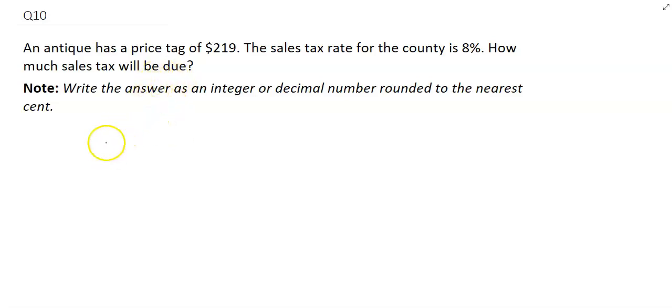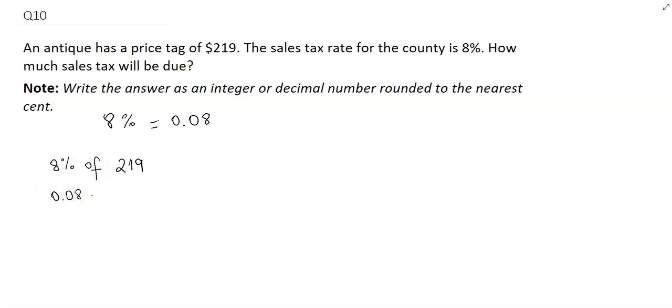So how do you represent 8% mathematically? It's the decimal 0.08. So if I want to know what is 8% of this value, 8% is 0.08.